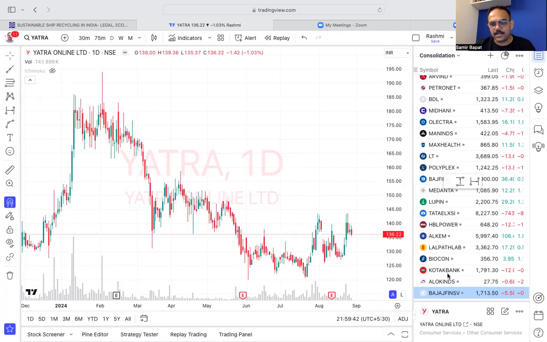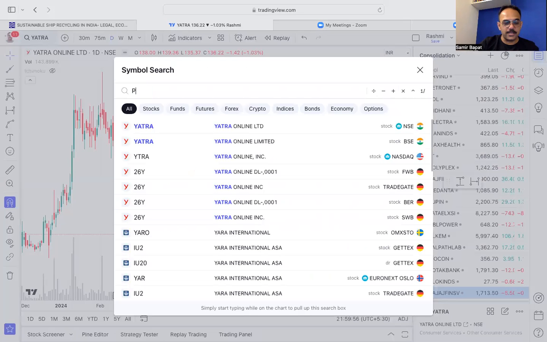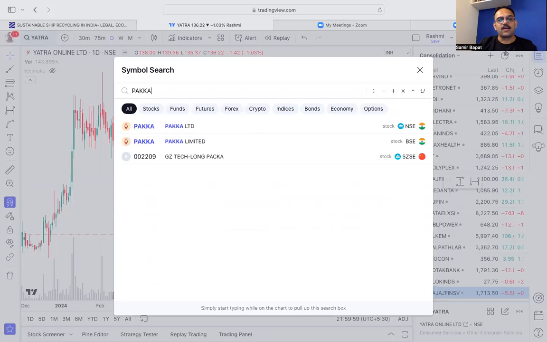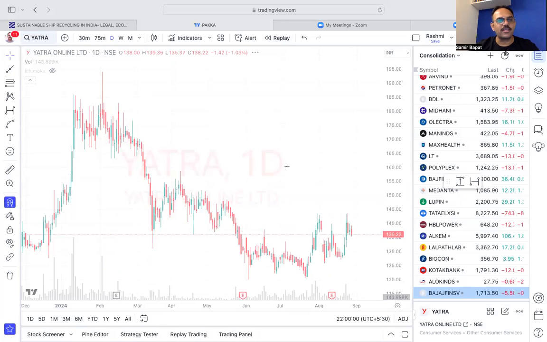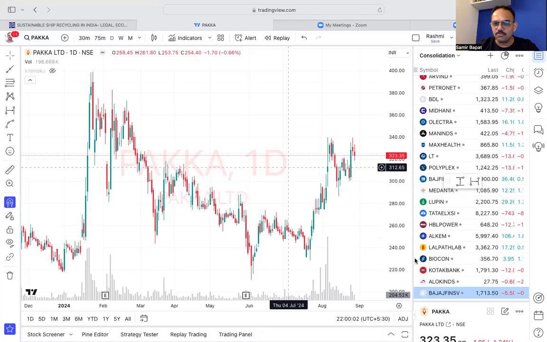Okay, so we are planning to discuss trailing stop loss today. No, we are not. Will not discuss trailing stop loss. We'll cover it in the next class. Pakka Limited. Okay, let's see Pakka Limited. Maybe we will get something. Which stock is this, Pakka? What do they do?